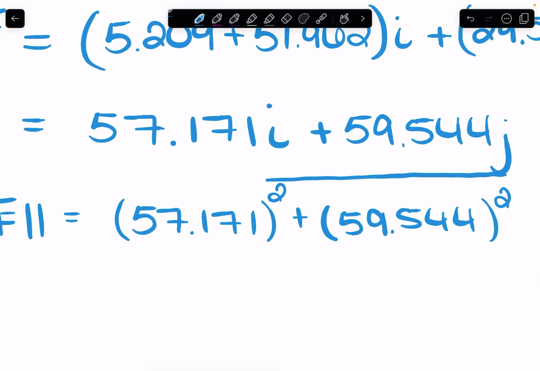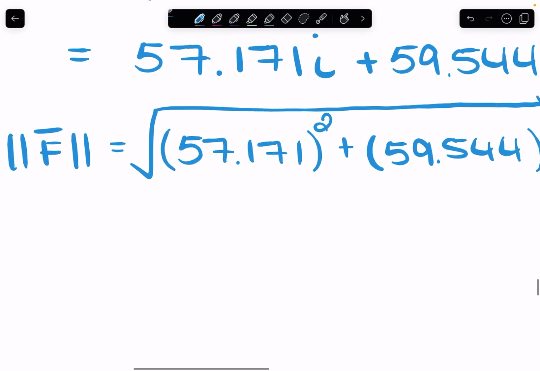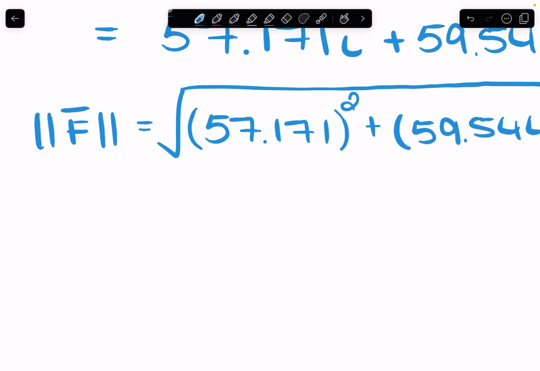So square root of 57.171 squared plus 59.544 squared. And then we take that value and we square root it. And we get 82.54.